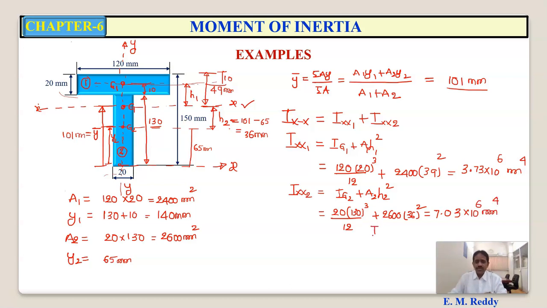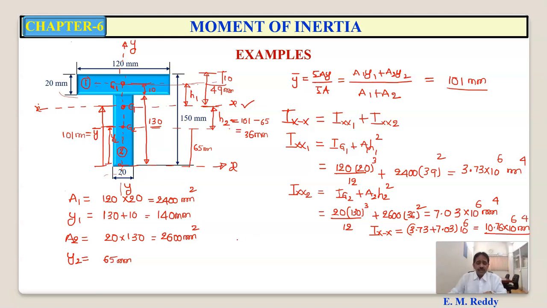Therefore, moment of inertia of the whole section about centroidal x-axis is IXX1 3.73 plus IXX2 7.03 into 10 raised to 6. So that will be 10.76 into 10 raised to 6. This is mm raised to 4. This is the final answer.